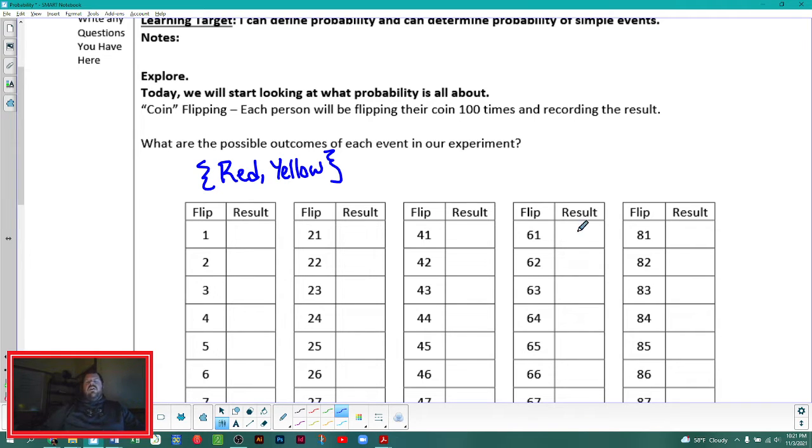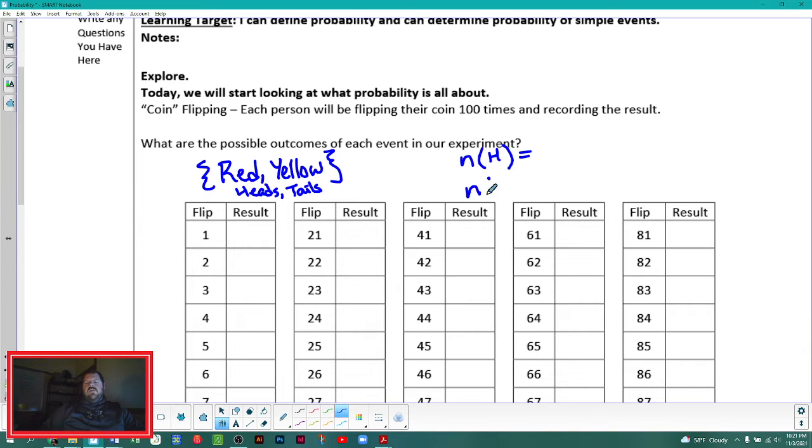Okay. Then the other thing I want you to do, and so maybe you're saying that you're doing heads and tails, right? We get heads or tails. And I want you to come up with a guess to this. I want to say, how many times are you going to get heads out of 100 flips?